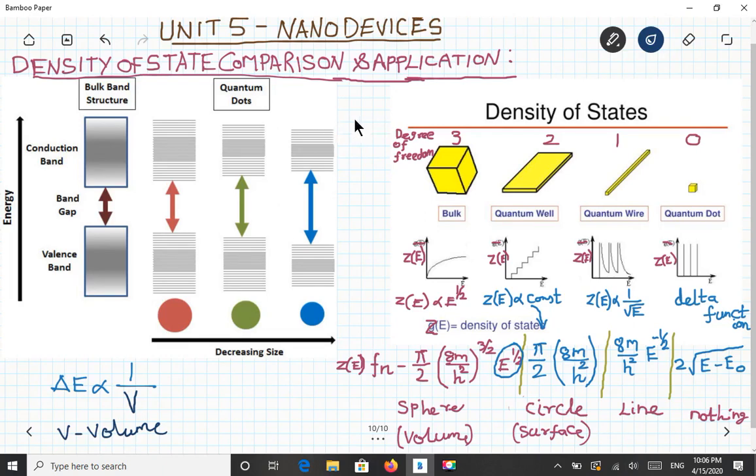There is one law called Moore's law, which states that as the years increase, the number of transistors used will also increase proportionally.